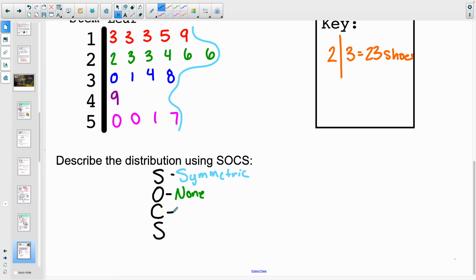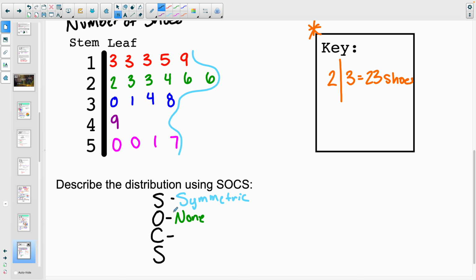Then we talk about center, right? So when we look at center, we need to find the median. So in order to find the middle number, we go through the process of first counting up how many numbers that we have. So we have 1, 2, 3, 4, 5, 6, 7, 8, 9, 10, 11, 12, 13, 14, 15, 16, 17, 18, 19, 20. We have 20 numbers.